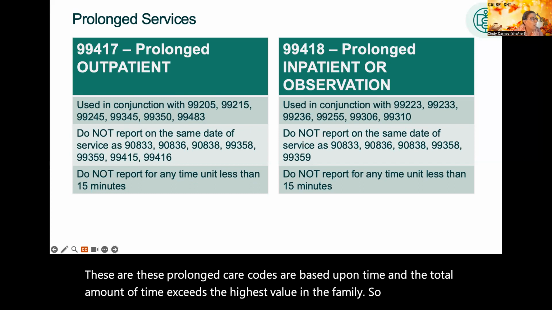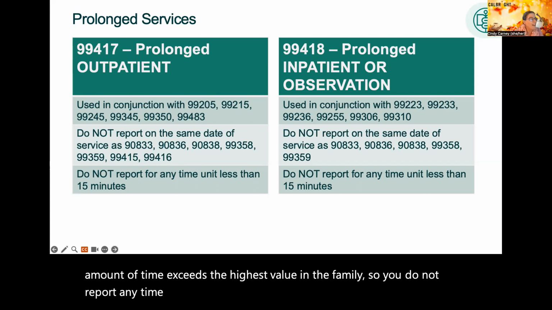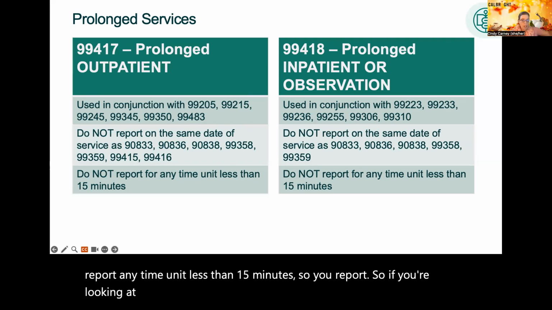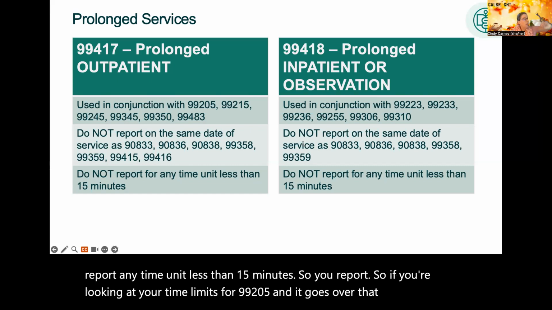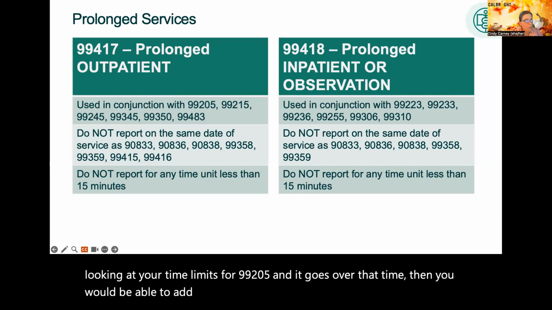You do not report any time unit less than 15 minutes. So if you're looking at your time limits for 99205 and it goes over that time, then you would be able to add on the 99417 for that amount of time if it exceeds more than 15 minutes.